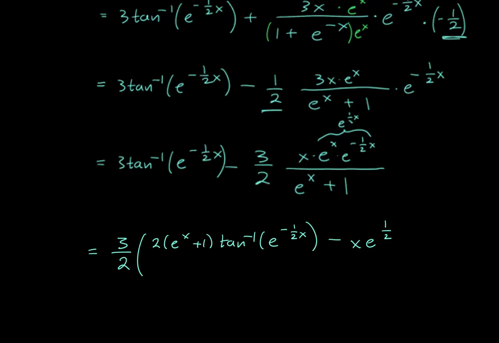That x should not look like it's in the denominator. This one too, I'm being a little bit sketchy. That should be 1/2 times x, not 1/2x. All divided by e to the x plus 1.